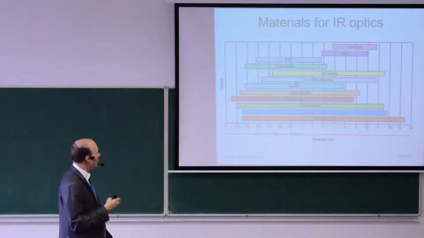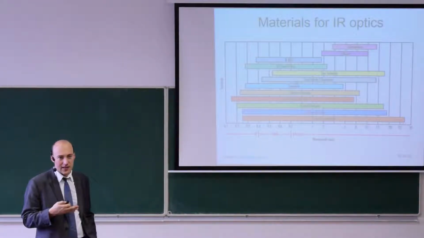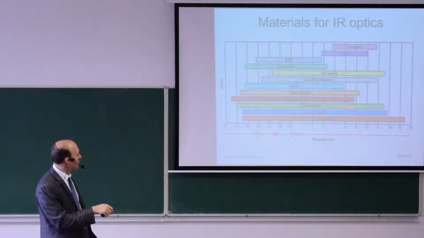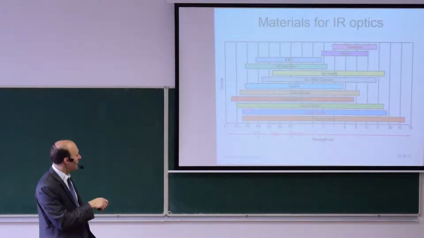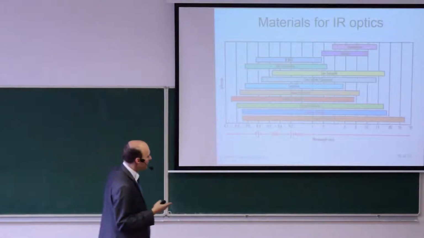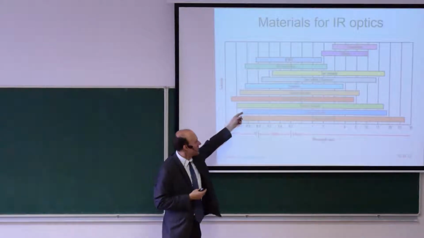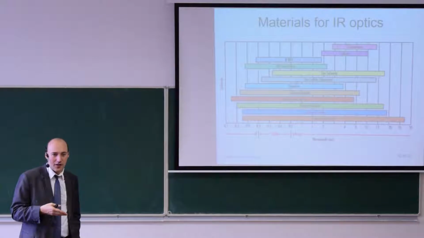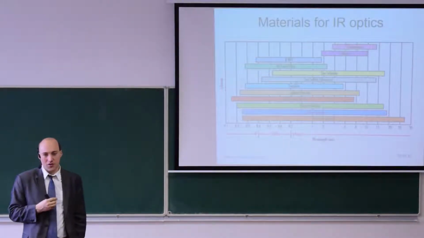If you want to have different wavelengths, such as the long wave infrared window, you may use, for example, sodium chloride or some other materials. They may work in the visible wavelength as well, but it will have other disadvantages. For example, sodium chloride is normal salt, so it can get dissolved, so it's not a very good material for an instrument.